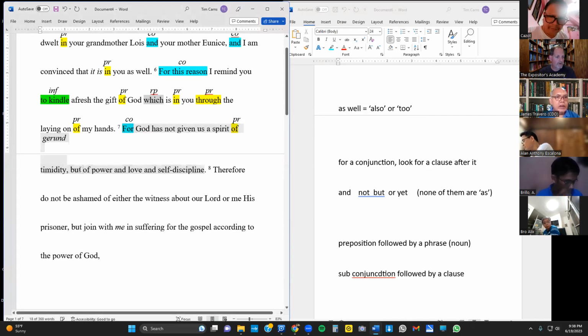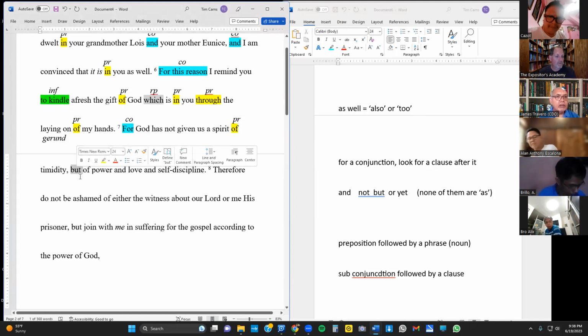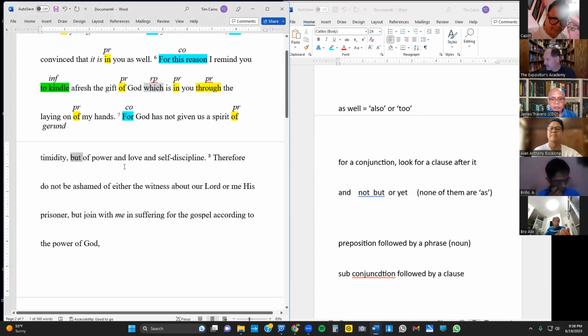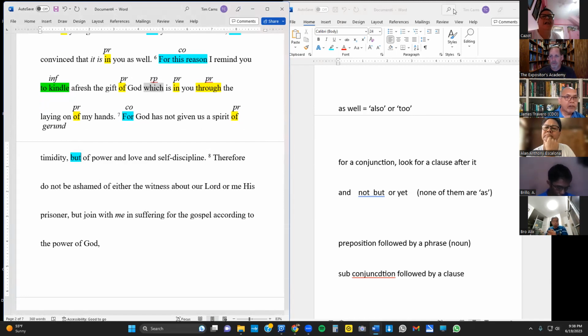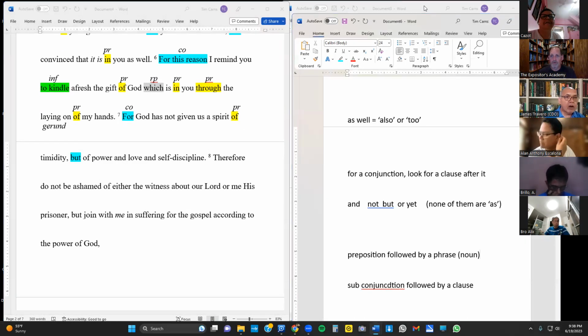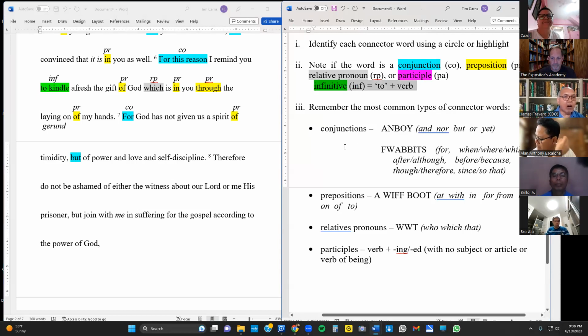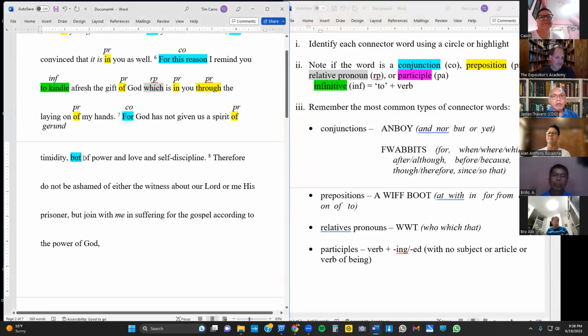Okay, but. What kind of connector word? Conjunction. Now, is this conjunction coordinating or subordinating? Coordinating. Yes, it's part of the coordinating ones. Okay, good.